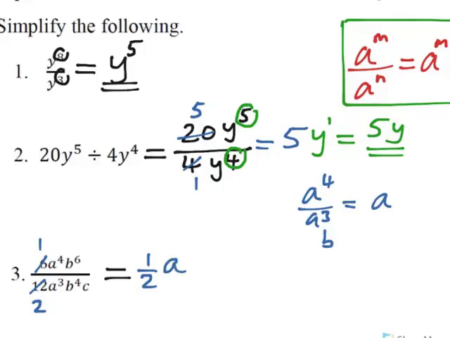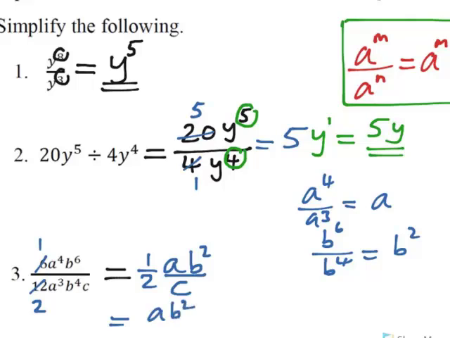And b to the power of 6 divided by b to the power of 4, 6 minus 4 is 2, so there's a b squared in it. And you can see there's a c on its own at the bottom, so we just write it like that. Of course, it's not very neat, so we write it as ab squared over 2c.